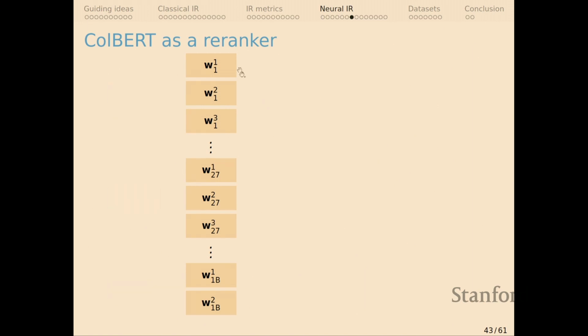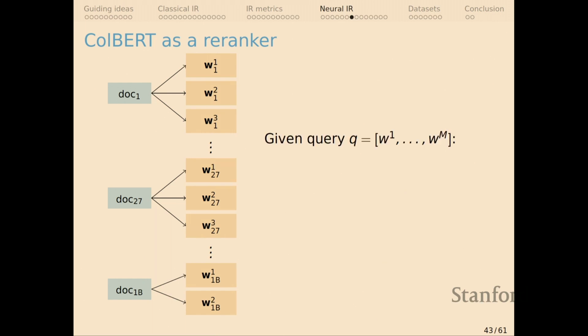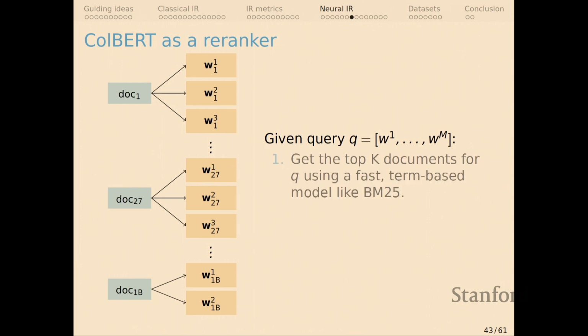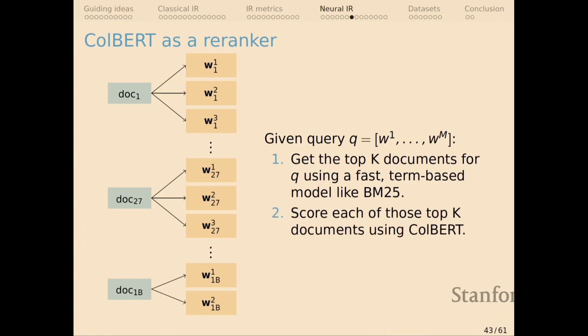We could use ColBERT as a re-ranker, as I alluded to before, right? So here I have all these token-level representations, which I do have to store, and they're each connected to a document. Now, if used naively, this will not be scalable, but I could do this. Given some query that's represented as a sequence of tokens, I could get the top K documents for it using something like BM25, and then re-rank that top K. And so if K is small, I pay the full price of the ColBERT model, but only for K documents.